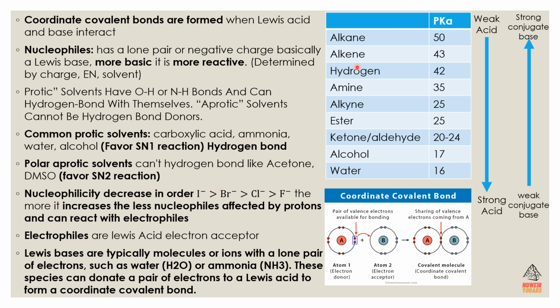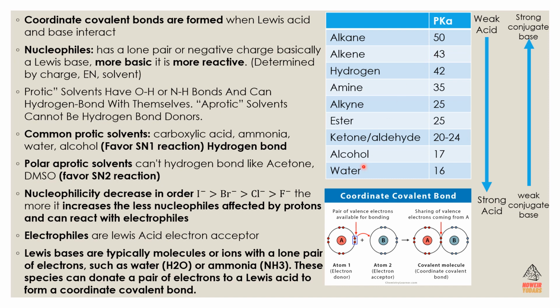Alright, so these are the pKa values and these are the functional groups. The lower the pKa, the stronger the acid it is, but a strong acid has a weak conjugate base. So a low pKa means a strong acid but a weak conjugate base.